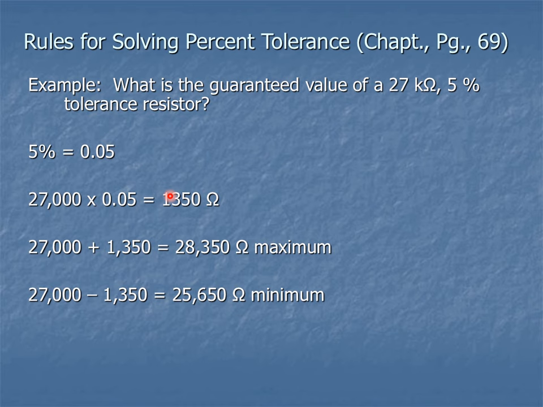Now once you know the maximum and minimum, you can tell that this is a 27 kilo ohm resistor, but it can operate correctly within this limit, from minimum to maximum. If it is more or less than this range, it may not operate, may not give you the right result, or may get burned out or destroyed.